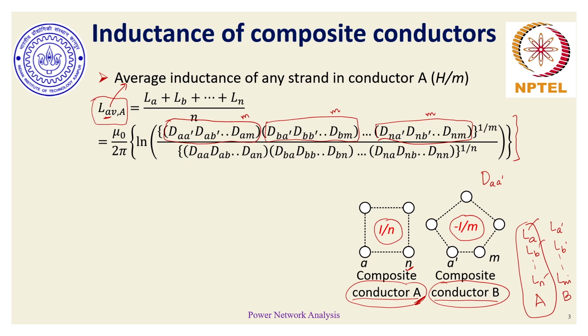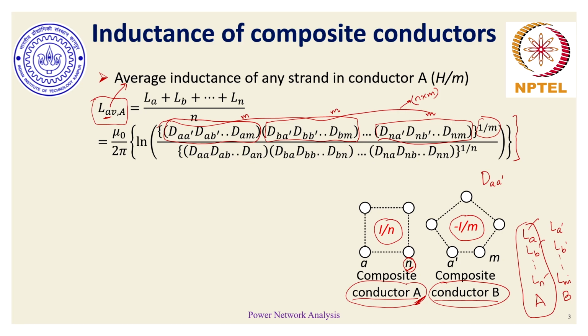I would have as many groups as there are strands in conductor A, which is N. So essentially the numerator, without the 1 by mth root, is the product of N times M distances for which the 1 by mth root is being taken, and that is all about the numerator.